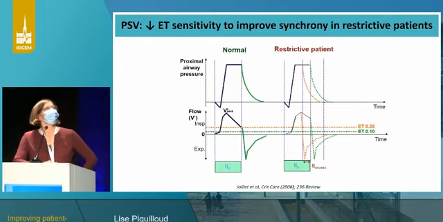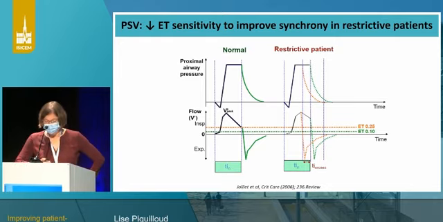And how is the situation in your restrictive patient? On the left part of the slide, you have a normal patient with normal respiratory mechanics. With an expiratory trigger at 25%, you have a good matching between the time of pressurization and the neural inspiratory time that is displayed here in green.